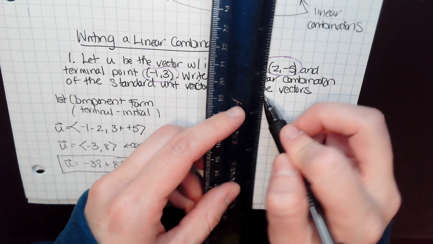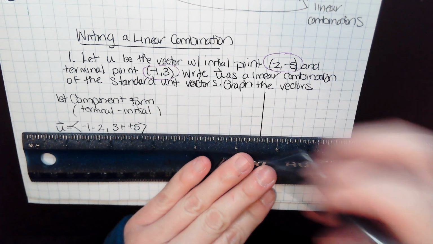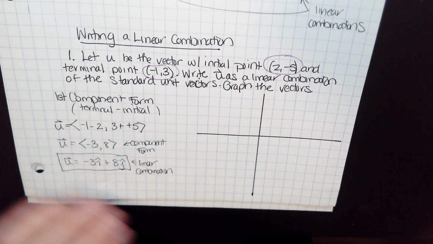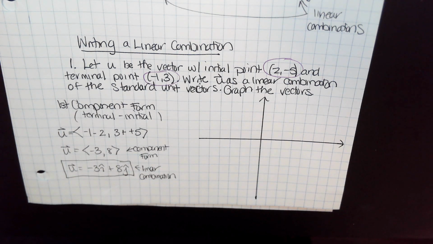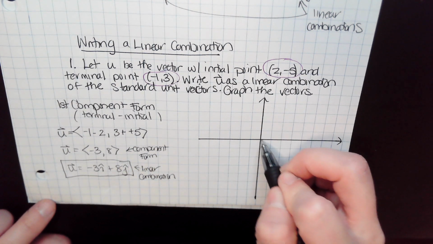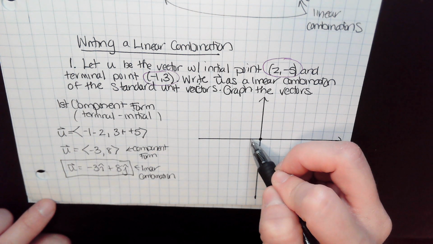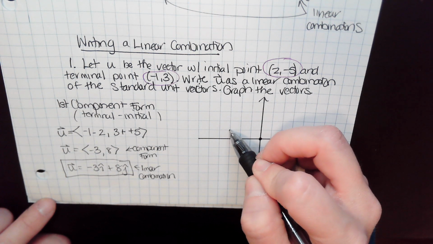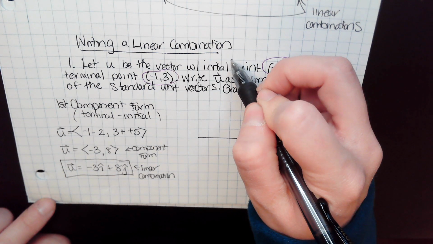I'll draw some axes on here. If I'm graphing this, the initial point is 0, 0, and the terminal point is -3, 8. So -3, we're going to be off here a little bit. 1, 2, 3, 4, 5, 6, 7, 8.